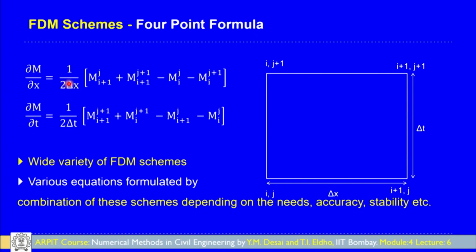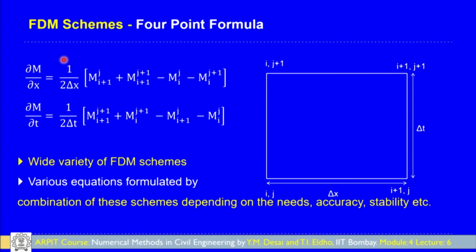In the 4-point formula, you can see that 4 points are there: this is i+1, j, this is i, j, this is i+1, j+1, and this is i, j+1, with delta x and delta t. In this 4-point formula, del m by del x is taken as 1 by 2 delta x into m(i+1, j) plus m(i+1, j+1) minus m(i, j) minus m(i, j+1).